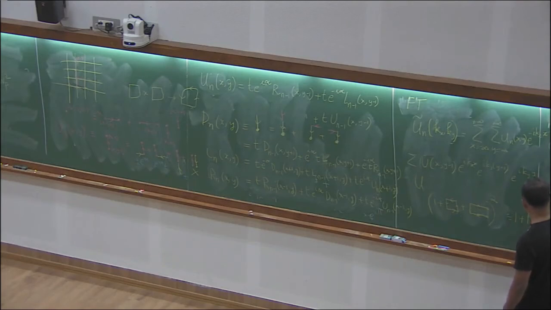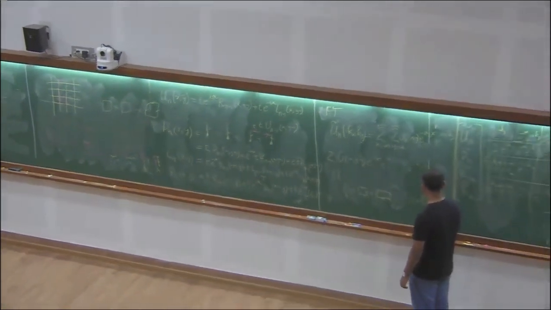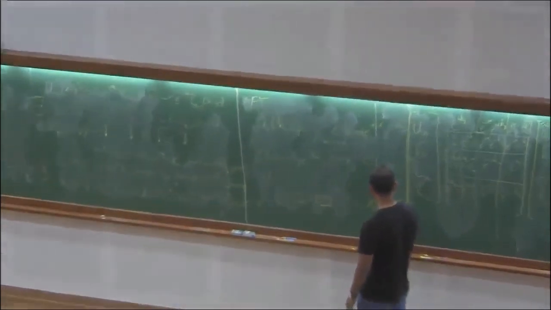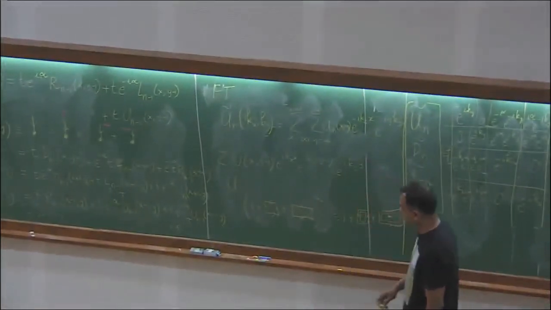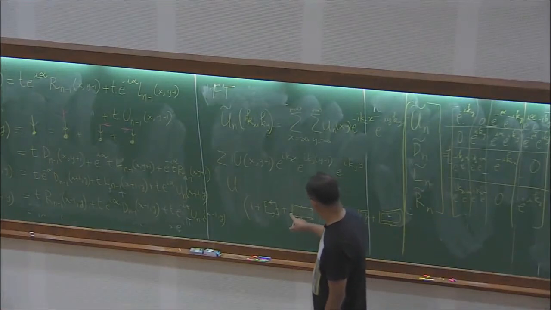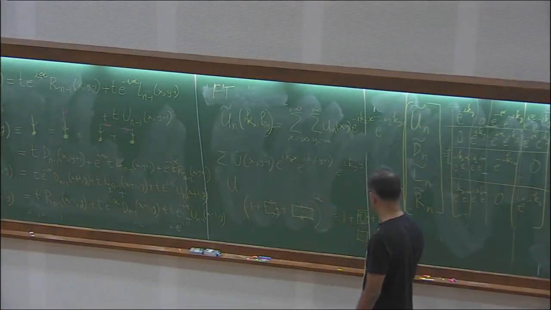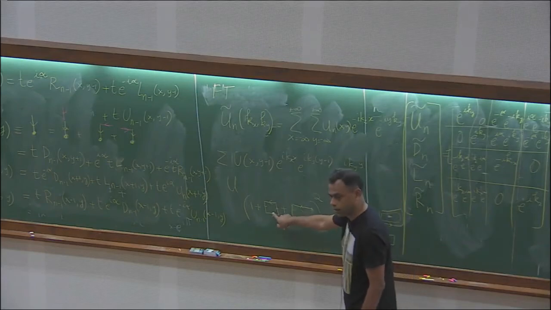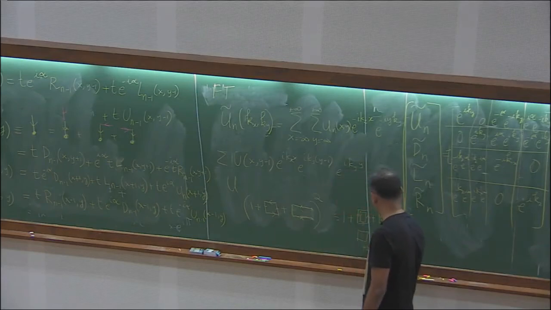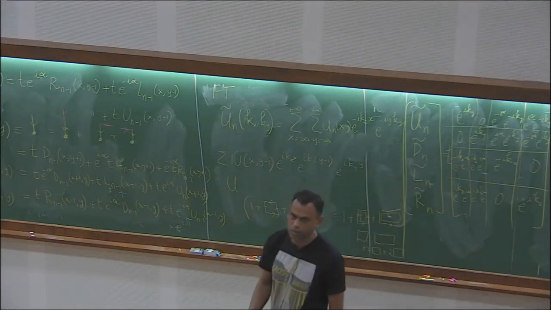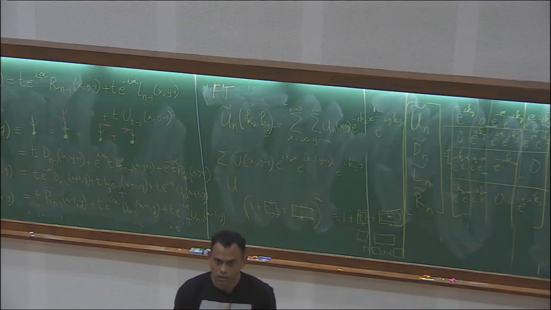I'll get something that goes to 2 times like that, plus the square of this rectangle, I get 2 times of that. Then you get a cross term, which is this plus into this one, plus a term which is 2 times this, plus a term which is 2 times. Okay, so that is the point number 1.